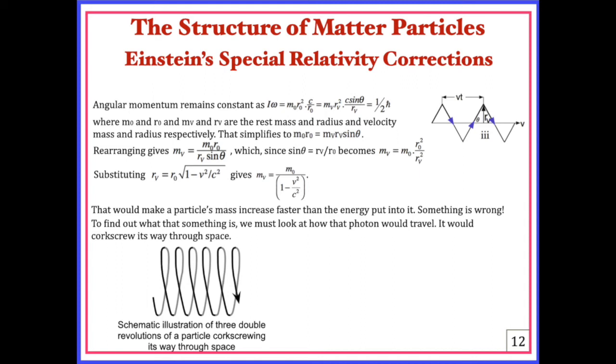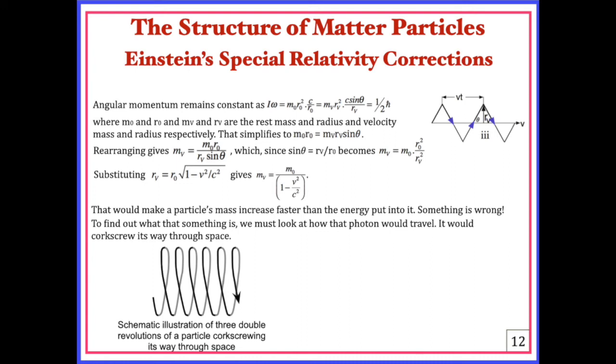Here, m naught and r naught and mv and rv are the rest mass and radius and velocity mass and radius respectively. That simplifies to m naught r naught equals mv rv sine theta.